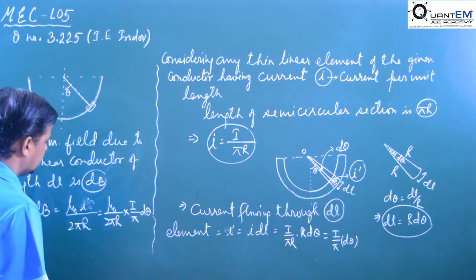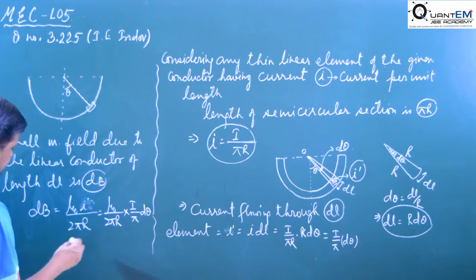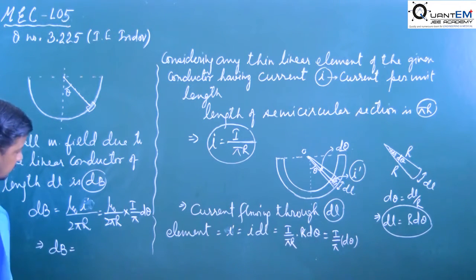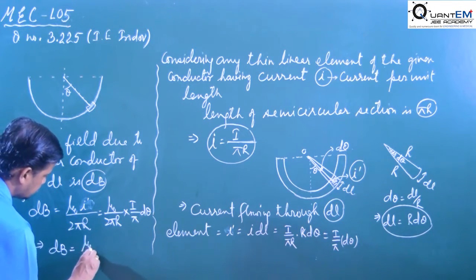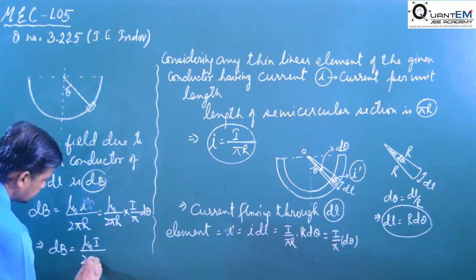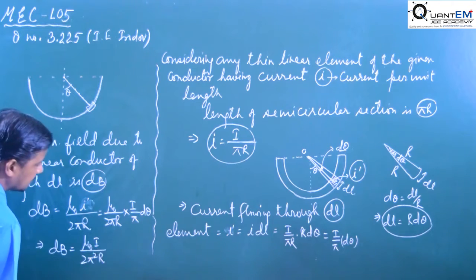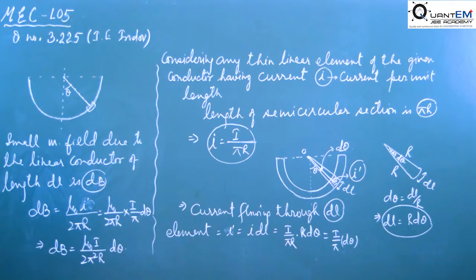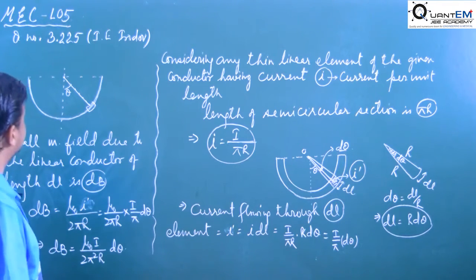Okay, so we get this result. dB is equal to mu naught I by 2 pi square r into d theta. This one is the small magnetic field due to the small element of this conductor at this point. Also we get the direction of the magnetic field here.